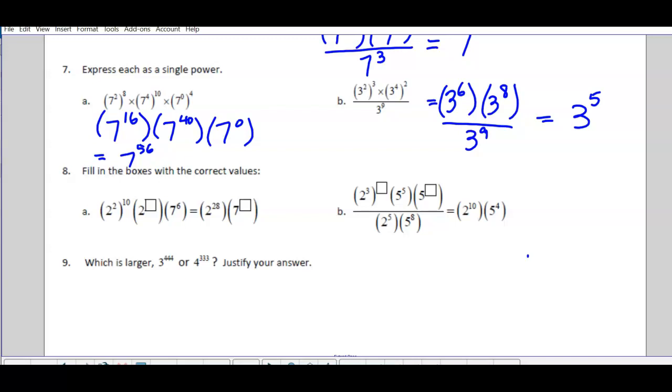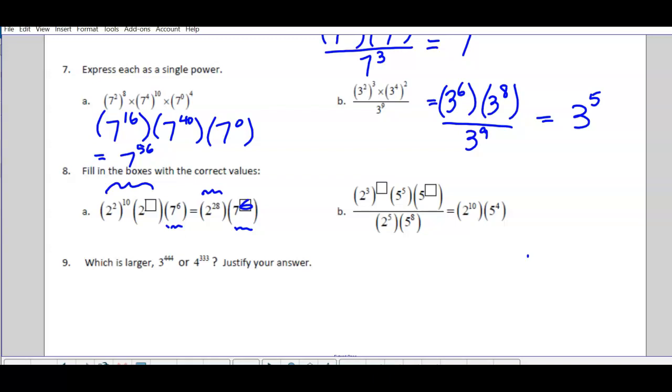So notice how we've got these two brackets with a base of 2 and this one with a base of 2. So we're going to compare those. We have this bracket with a base of 7 and this one. Well, that's it. If that's 7 to the 6th there, and this is an equation, this has to be 6. Okay? Equation has to be balanced. Remember, we talked about that earlier this year.